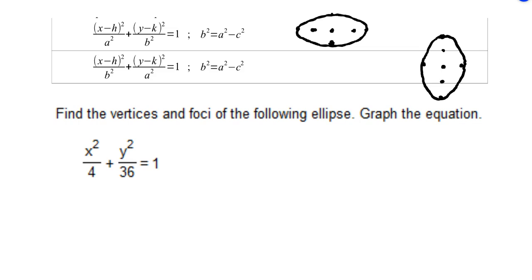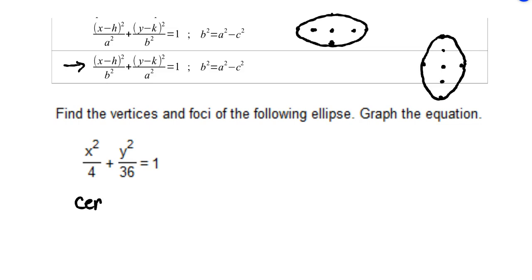So with that in mind, let's take a look at our equation. It's x squared over 4 plus y squared over 36 equals 1. So I can see that the larger value is underneath the y. So this orientation is a vertical orientation, and that's going to tell us what our values of a and b and also our center are.